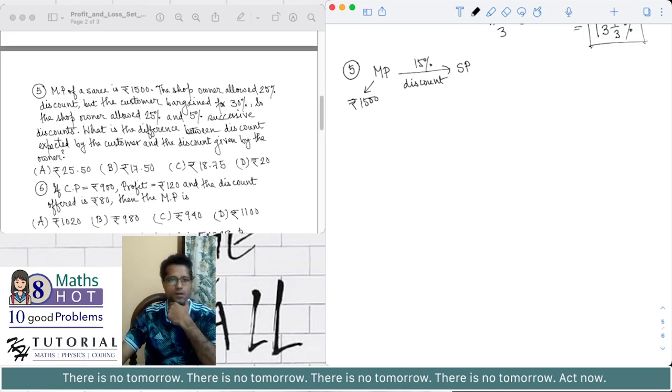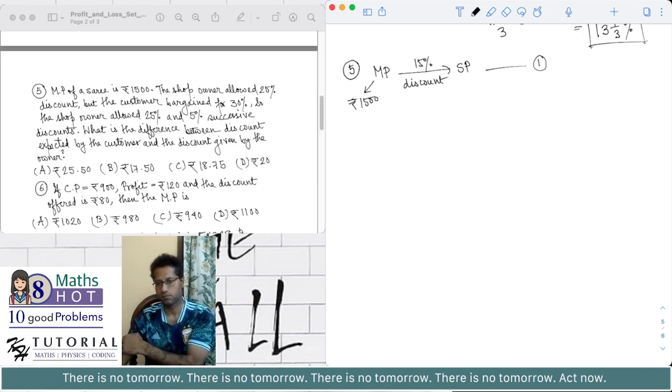This is scenario one, where the shopkeeper is giving a 15% discount. Now, after the customer has bargained to give 30% discount, the shop owner allowed 25% and 5% successive discounts.